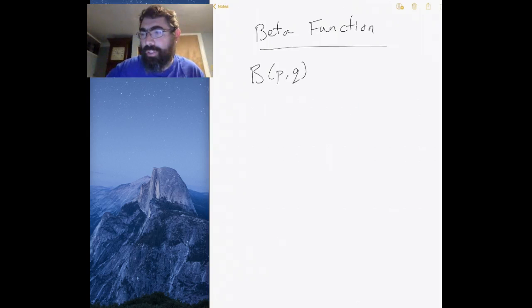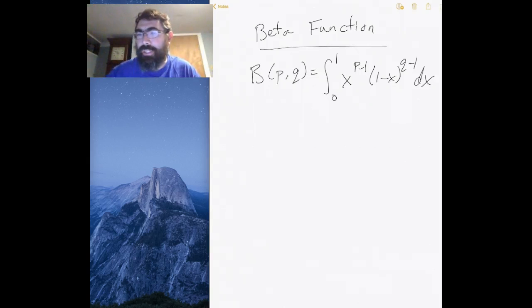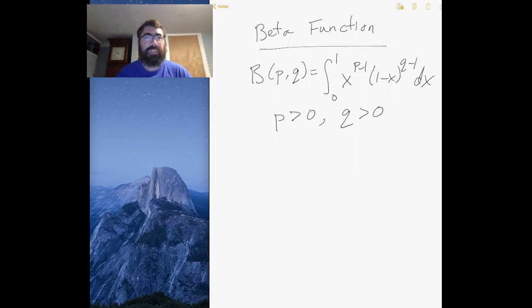It is a function of two numbers, p and q, and it's the integral from 0 to 1 of x to the p minus 1, times (1 minus x) to the q minus 1, dx, where p is a number greater than 0 and q is a number greater than 0. So if we have two positive numbers, p and q, then we can solve for this particular function.